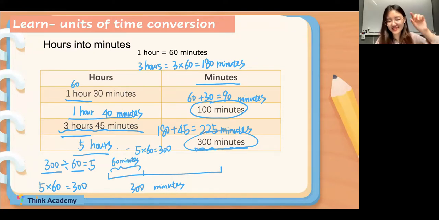If it makes sense for you, can you type 1 in the chat box? Okay, very well done. So if we want to convert the time, please pay attention to the hour or minutes firstly, and then think about how many minutes in an hour, or how many hours in 300 minutes, or how many hours in 100 minutes.